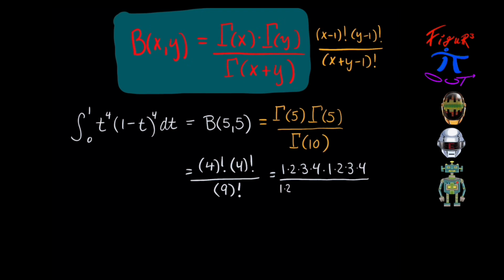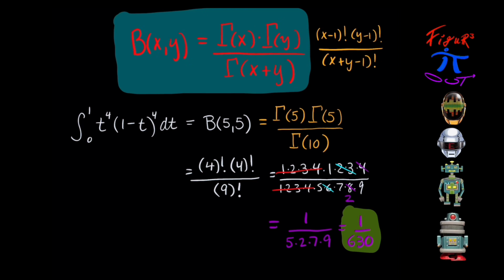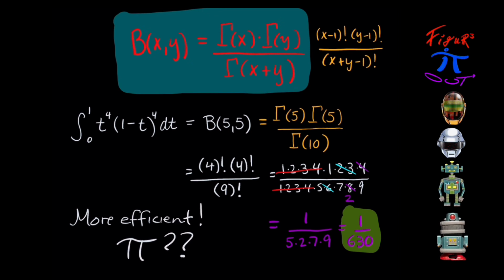And expanding that out, we can merely see what the factors look like and begin to cancel some things in this fraction. What we're left with is the fraction 1 over 5 times 2 times 7 times 9, which is 1 over 630. Now that was a much more efficient way of calculating the beta function, so this formula connecting it to the gamma function is very useful.